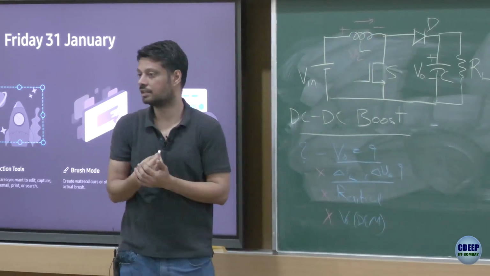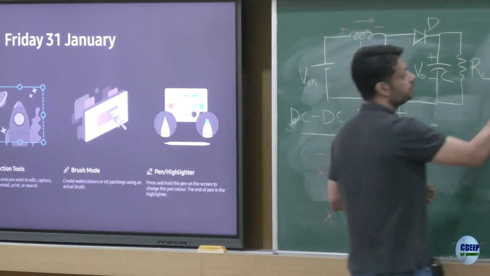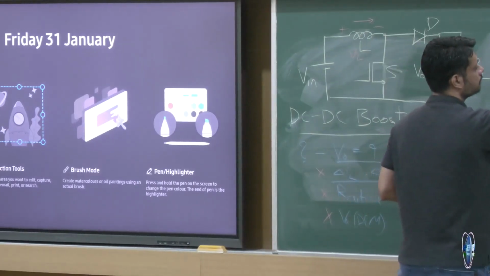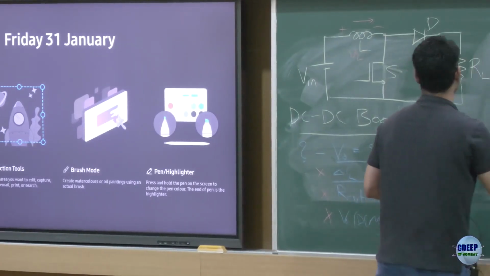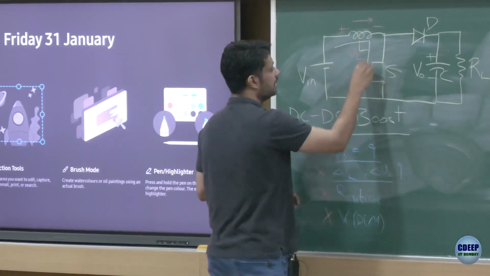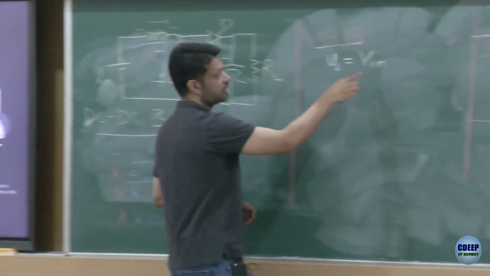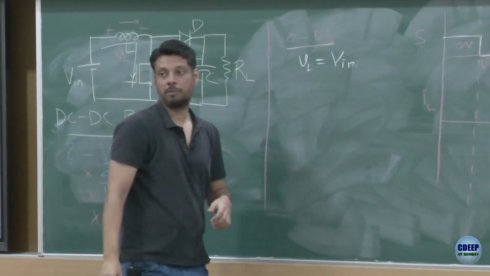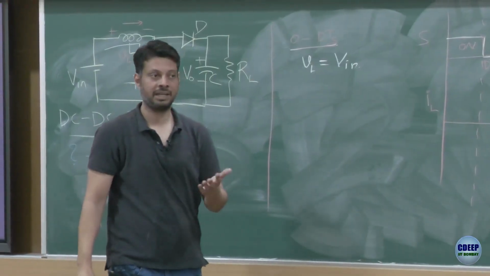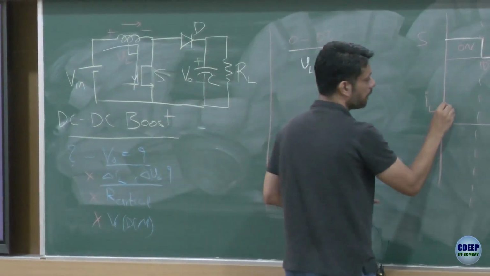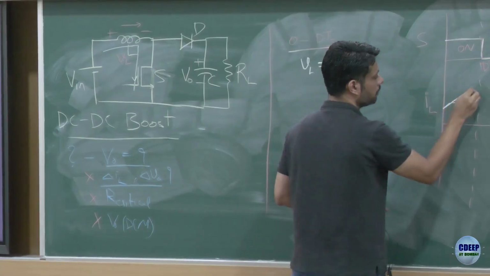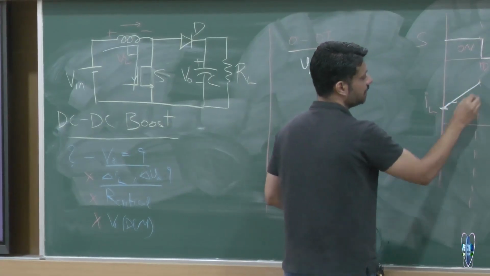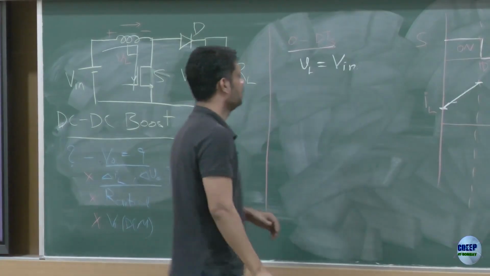So the voltage across the inductor is V in. And the current will flow in this loop. Since the voltage is positive, the current will have a positive slope, V equal to L di by dt, and the current would rise. Starting from some initial value, it goes to some value.